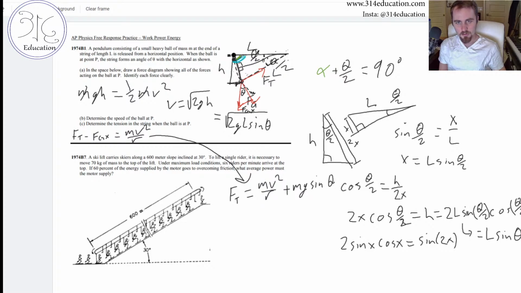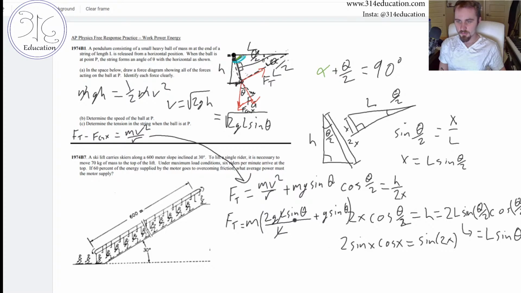And yeah, that we can calculate, because this r is L, v squared is 2gL sine theta. We can factor out an m. So our Ft, let's factor out that m. Our v squared is 2gL sine theta over L plus g sine theta.